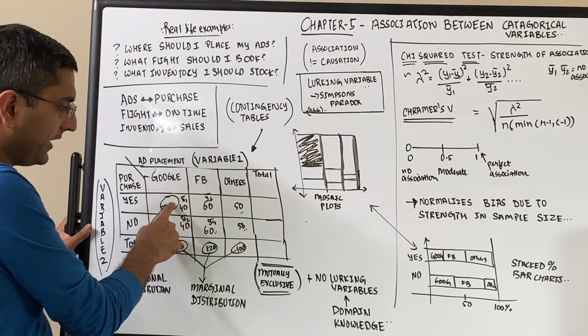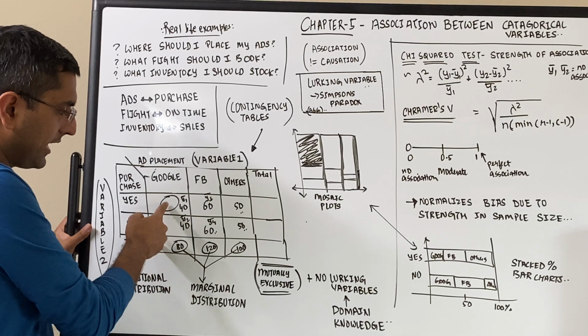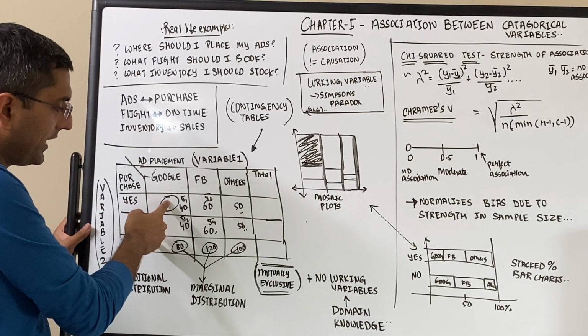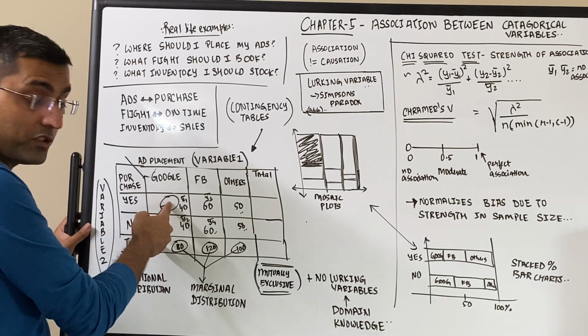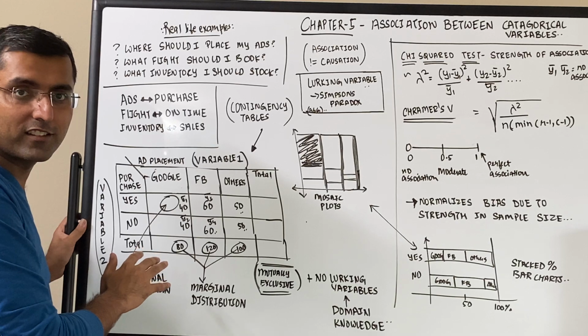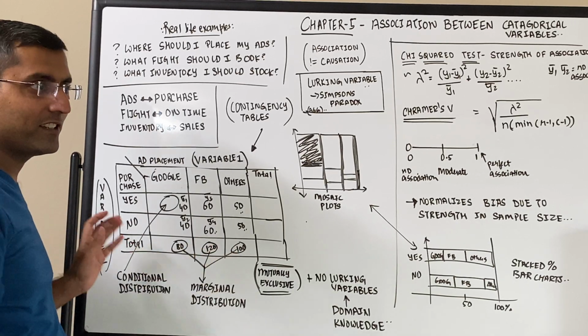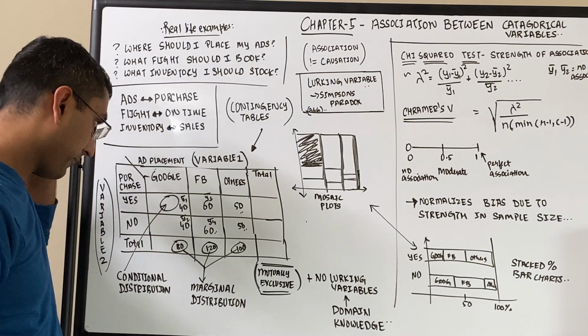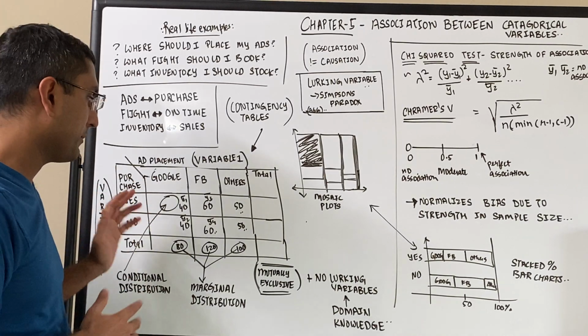If the conditional distribution and the marginal distribution are different in terms of percentages, then you know that there is some sort of an association. If they are the same, then there's hardly any association. But if they're different, then there's some association.